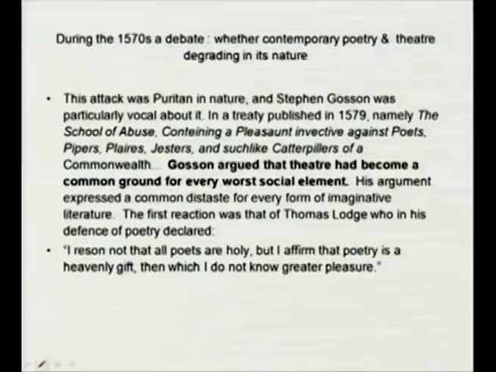In a treatise published in 1579, namely The School of Abuse, containing a pleasant invective against poets, pipers, players, jesters and such like caterpillars of a commonwealth, Gosson argued that theatre had become a common ground for every worst social element. So, it was an invective against all creative artists. His argument expressed a common distaste for every form of imaginative literature.